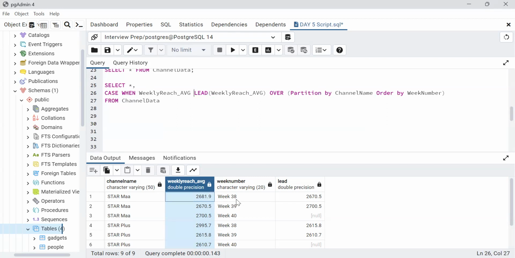I want this to look like this, correct? And this is a good thing for me if the next number is greater. Is it a good thing or not? If week 38 is less than week 39, then it's a green flag for us. Everyone, yes or no in the chats?